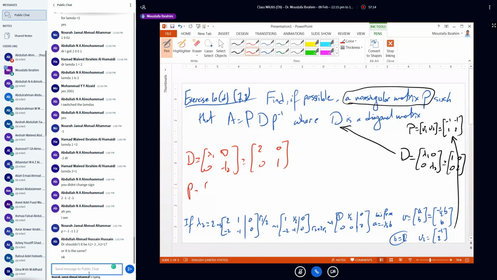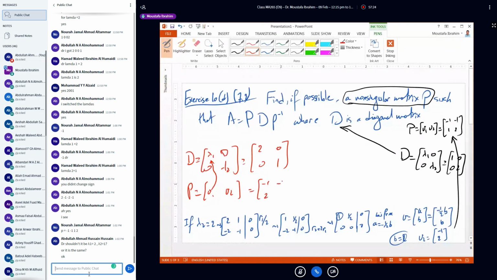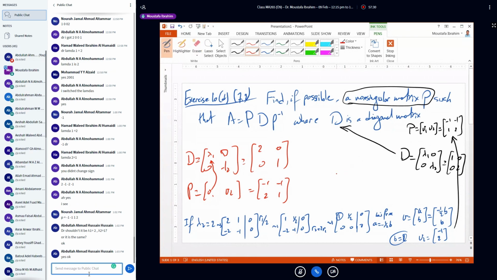Then P will be V1, V2, where V1 is for lambda 1. Where is V1? Which is for 2. For 2 is this one. Then in this case, you have to switch it also. So you see, look, I switch, not the same. You have to keep the same order. Yeah, very good.